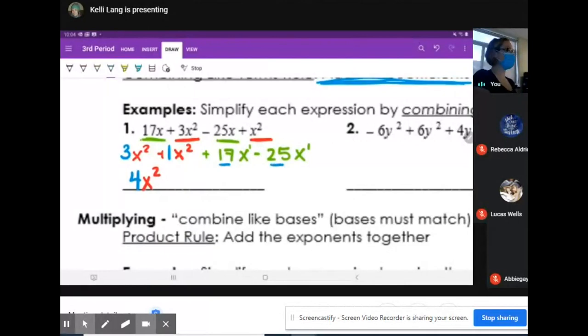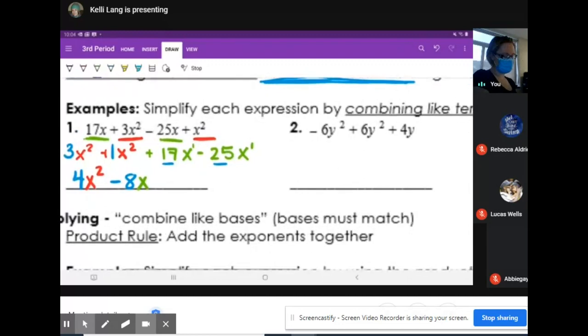Well, positive 17 minus 25 will give us a negative 8. So we'll have a minus 8x. It's an x to the first, but we don't have to write the 1. So notice the variable, the base, the exponent didn't change, just the coefficient changed. Did everybody follow that? Make sense?